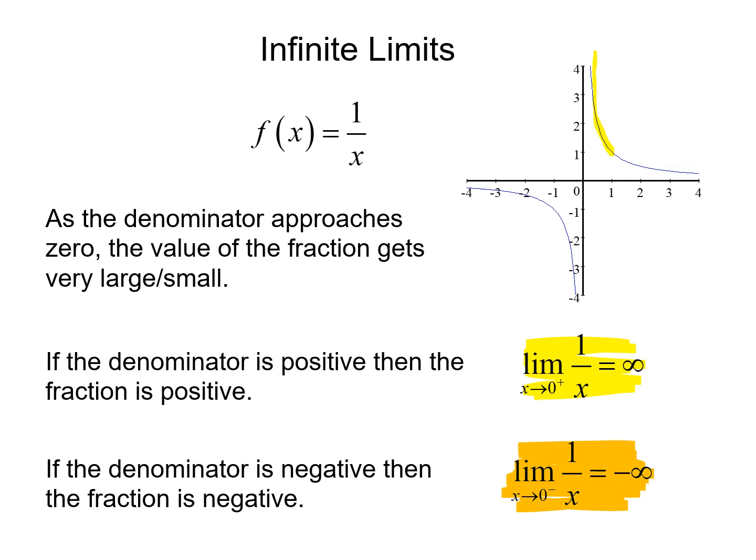And so as your x values get smaller and smaller, notice your y values are getting smaller, approaching negative infinity. So what this shows us is that we do have a vertical asymptote at x equals 0. And as you see, it's drawn in there with the dotted red line.